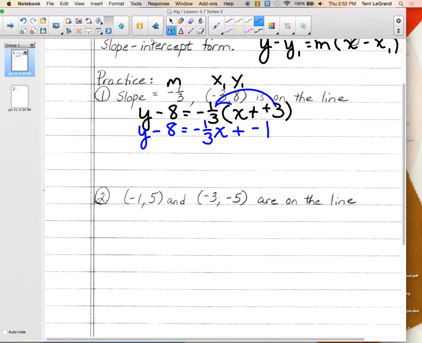Is it in slope-intercept form yet? No. Add 8. We're going to add 8 to both sides to get that y alone. And then we will have our y alone, and maybe it'll be in slope-intercept form. y equals negative 1/3 x plus 7. Negative 1 plus 8 is 7.